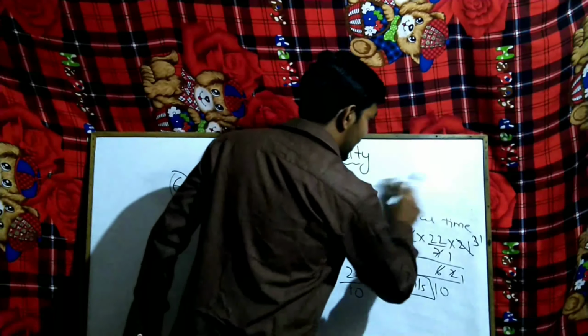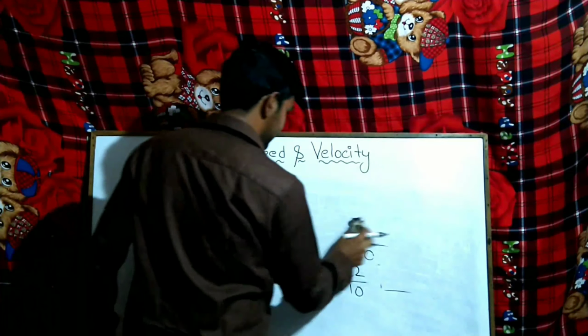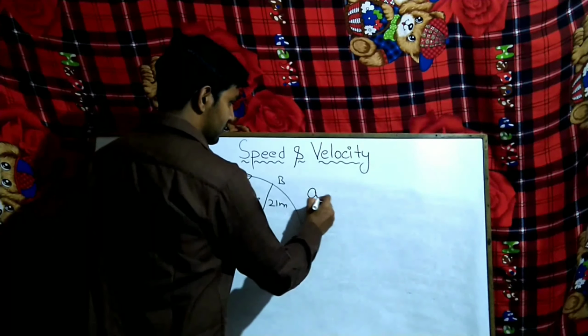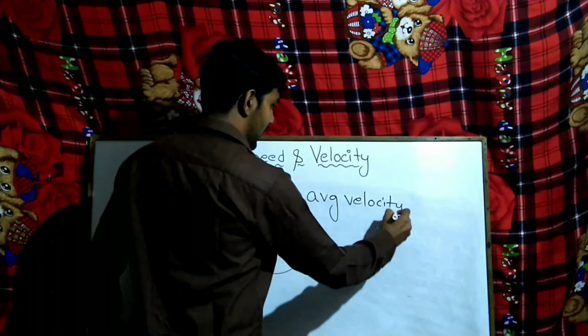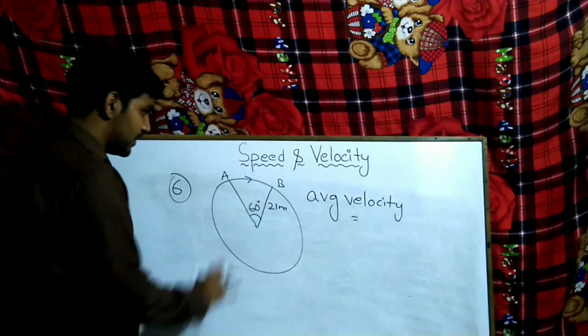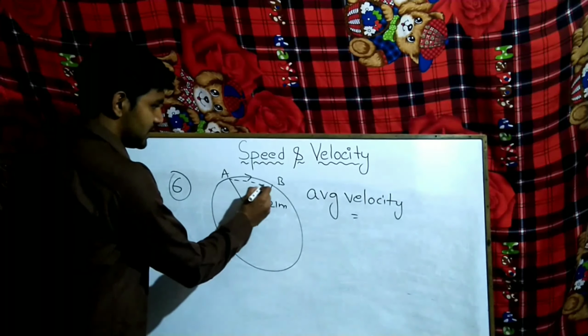Now what is average velocity? Average velocity means total displacement by total time. So here, how do we find the displacement? The displacement from A to B is like this.